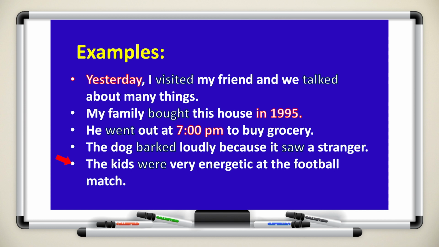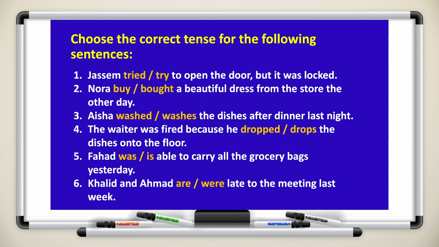Now let's test your understanding. Choose the correct tense for the following sentences. 1. Jassim tried to open the door, but it was locked. 2. Noura bought a beautiful dress from the store the other day. 3. Aisha washes the dishes after dinner last night. 4.